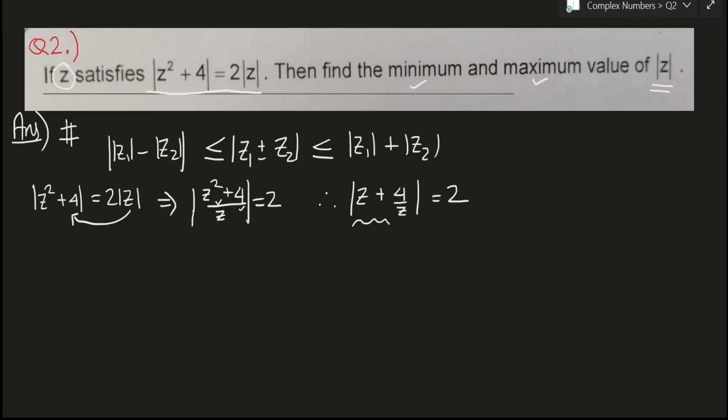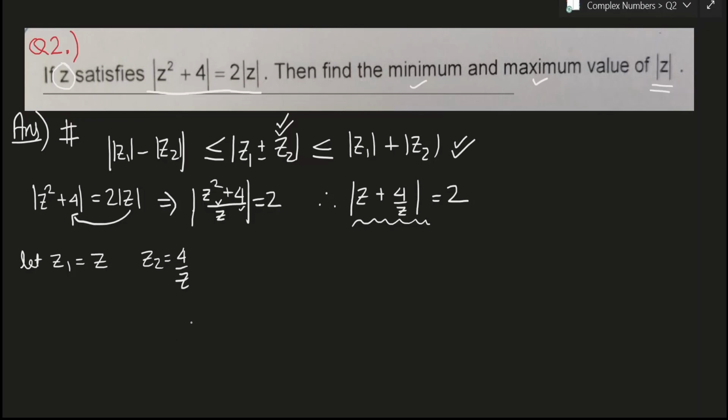So this looks similar to this kind of presentation over here. So I'm going to let z1 is equal to z and z2 is equal to 4 by z in the given inequality formula.